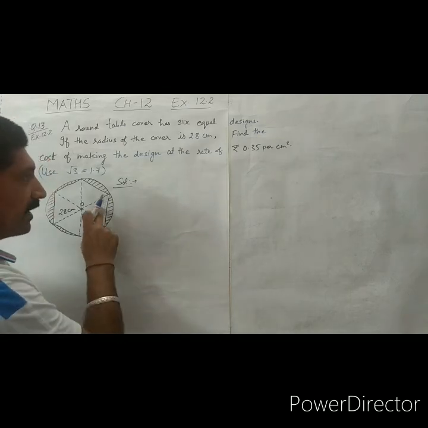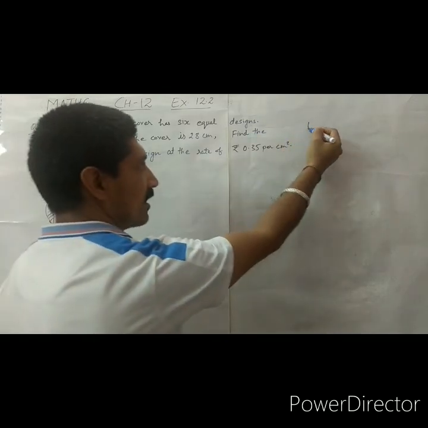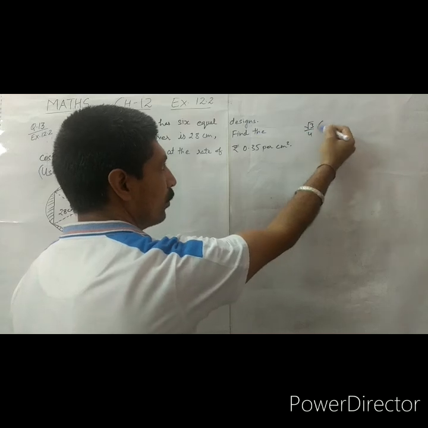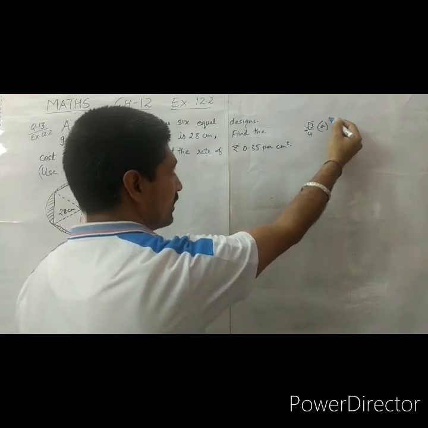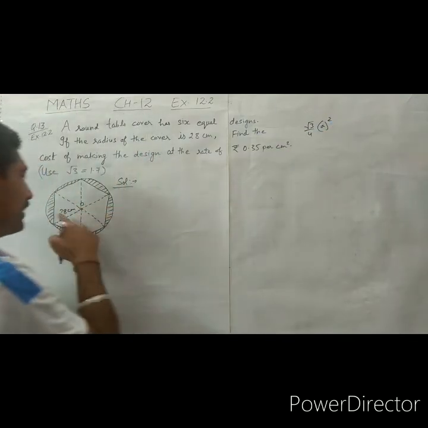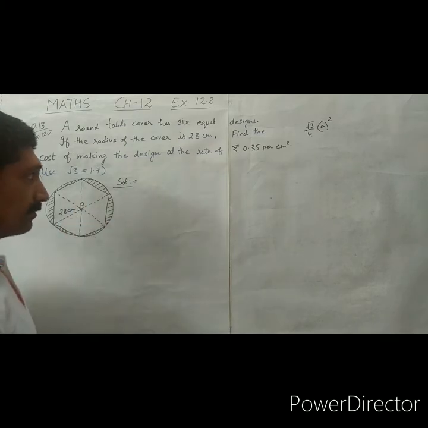So we know the area of an equilateral triangle is root 3 upon 4 into side whole square. Side here is 28 centimeter.